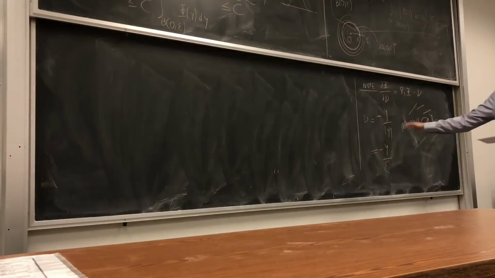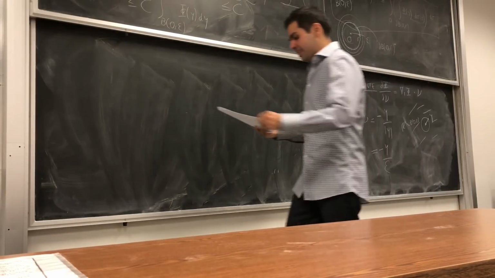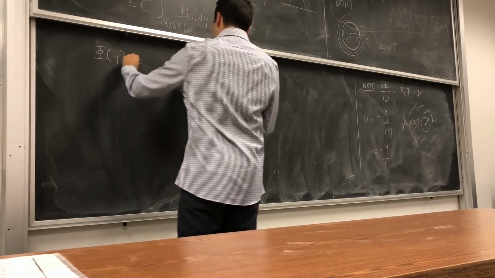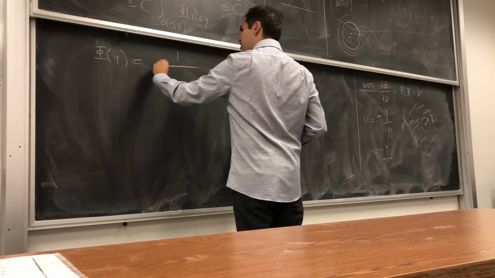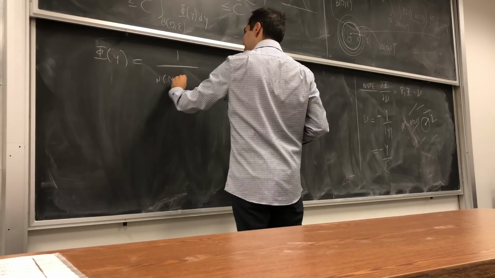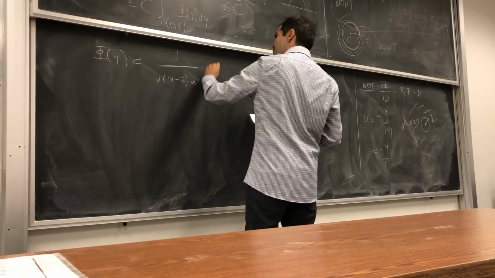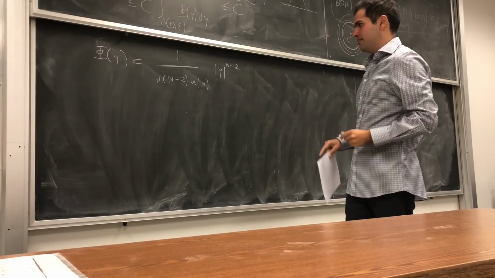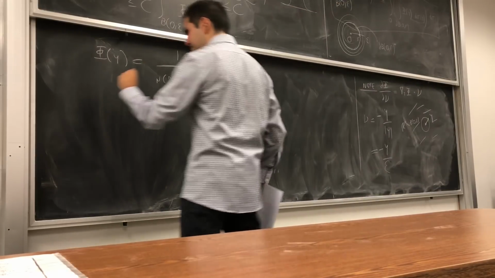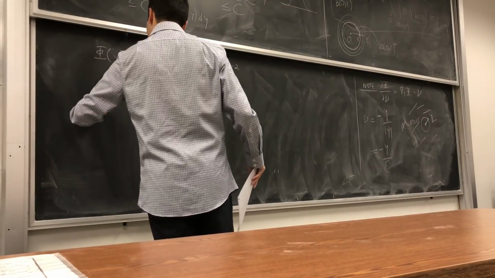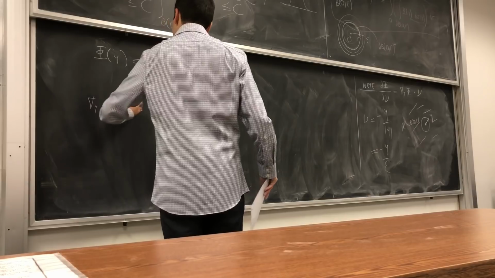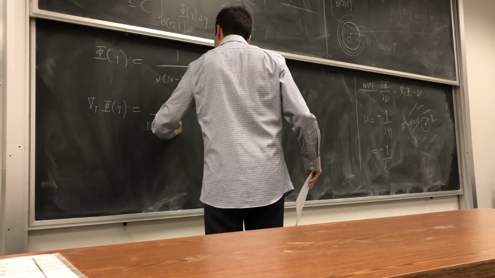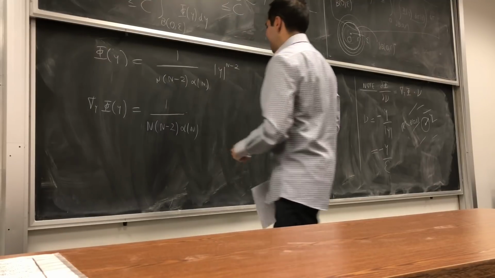I do this on purpose because we need it in a second. All right, so phi of y equals, usually I don't care about the constants, but here it turns out we choose them precisely to make something interesting happen. So let's differentiate this. So the gradient with respect to y of phi, one over n times n minus 2 alpha n.